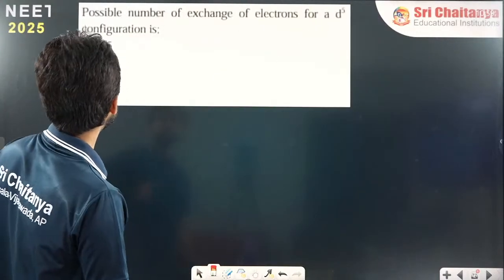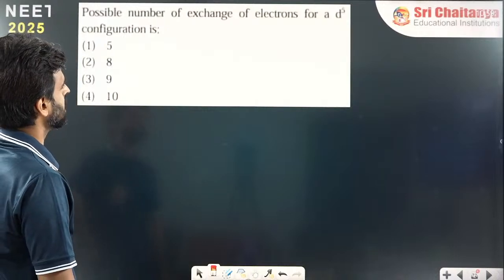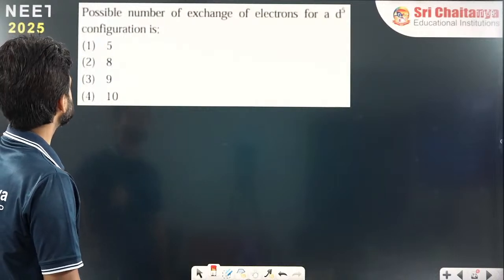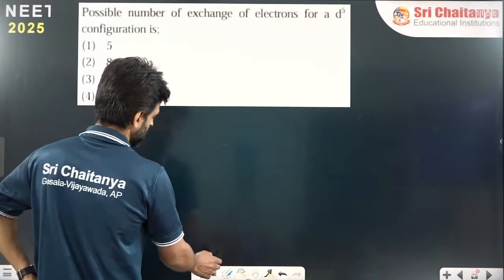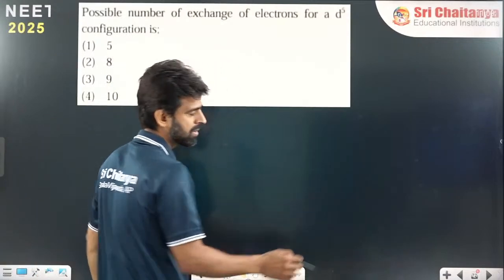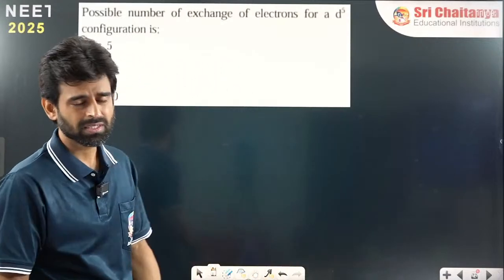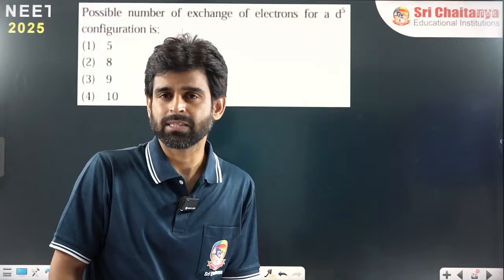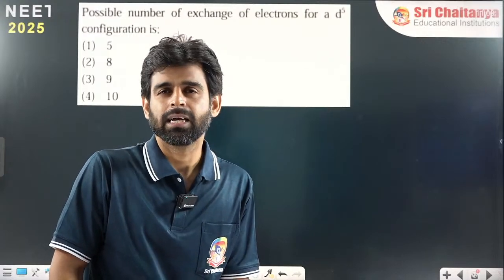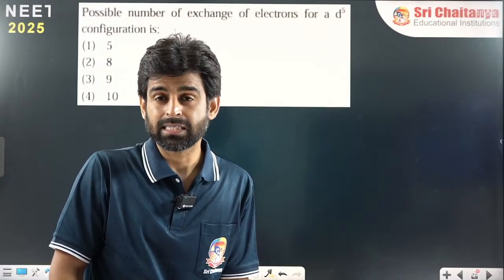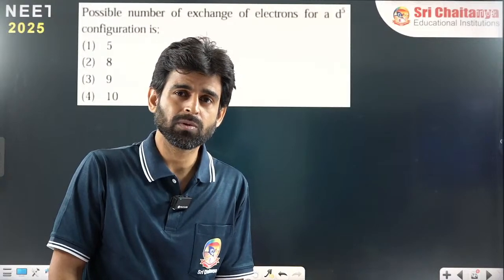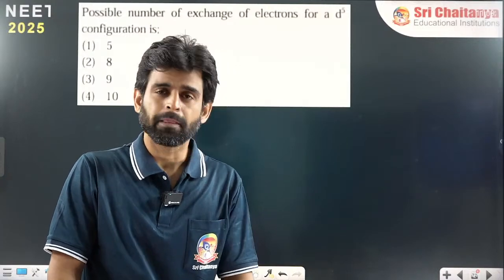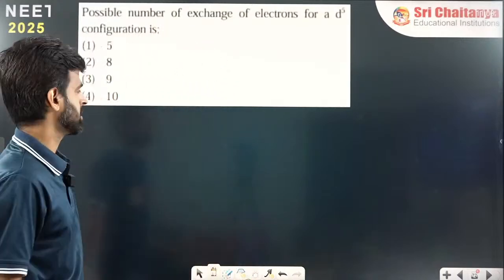Next one is the possible number of exchanges of electrons for a d5 configuration. Why is d5 more stable than d4? How do we explain? Because it has more exchange options. That's why electrons keep changing their positions, and in that exchange energy will be released. The more the release of exchange energy, the more will be the stability, right?